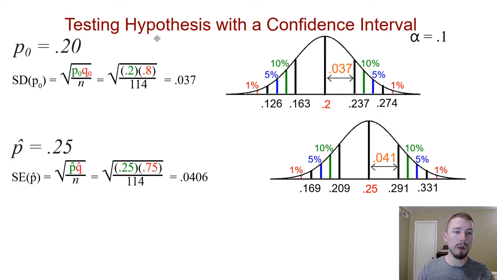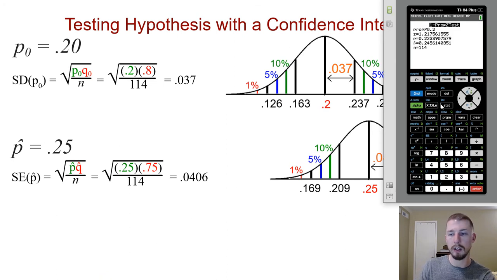All right, so what we can do is actually test these hypotheses with confidence intervals as well. We're going to build a confidence interval around our sample proportion. So I'm going to take those values that I had and create a confidence interval. I'm going to go to Stat, Test, 1-PropZInt.